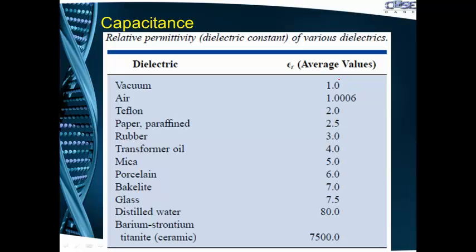So for vacuum the relative permittivity is 1, and for air it is also close to 1, but for other materials, let's say for Teflon, its relative permittivity is 2, that is its permittivity would be 2 times the permittivity of vacuum. Similarly, mica has a relative permittivity of 5, that is its permittivity would be 5 times higher than the permittivity of free space.